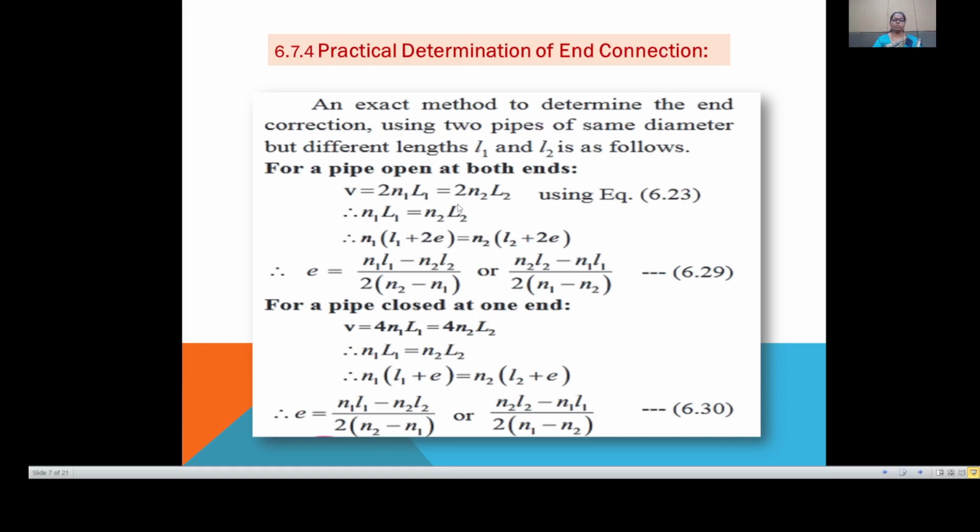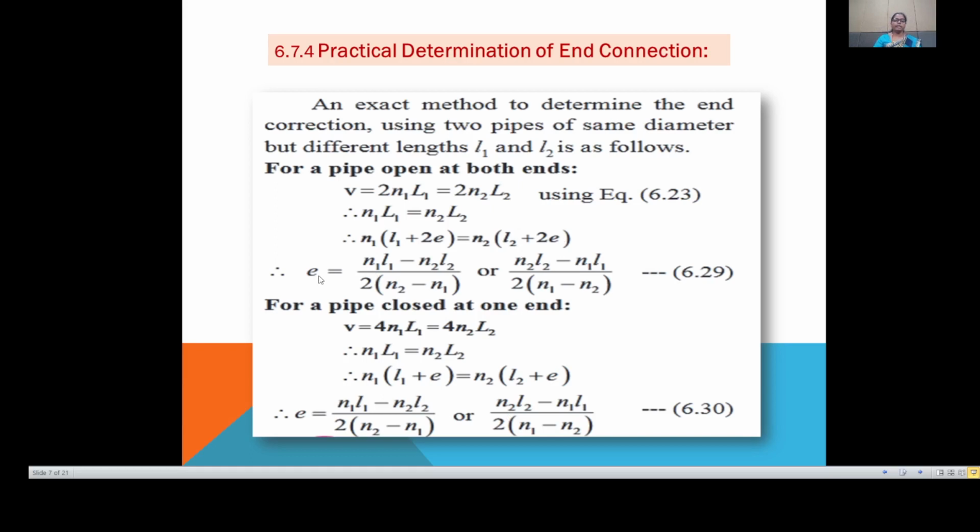2N1L1, which is equal to 2N2L2. So N1L1 is equal to N2L2. Put the corrected values L1 plus 2E, that is N1(L1 plus 2E) is equal to N2(L2 plus 2E).